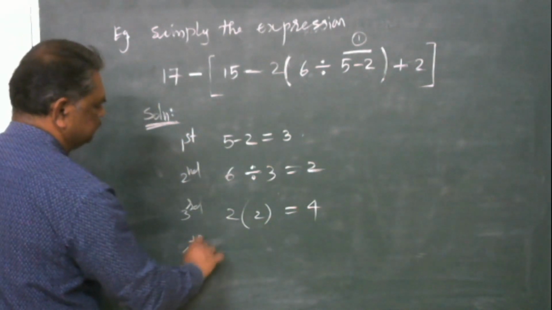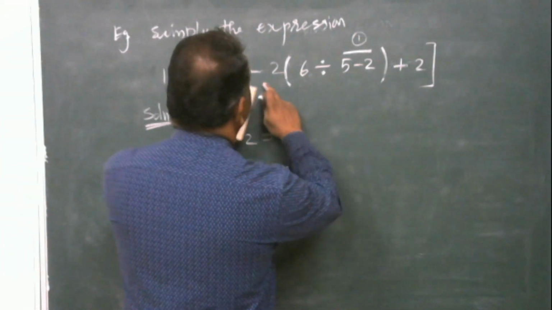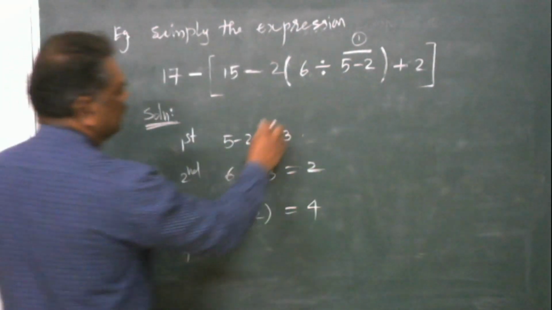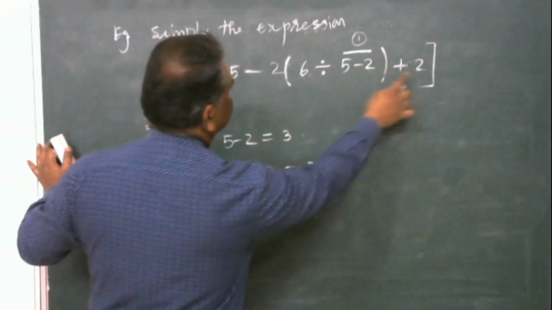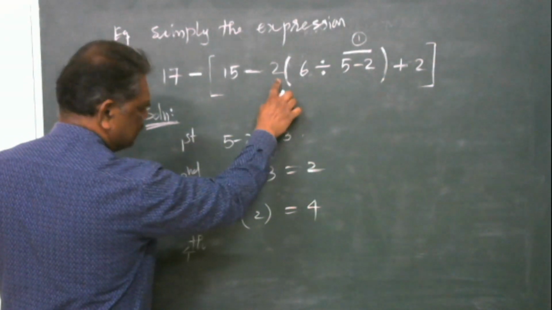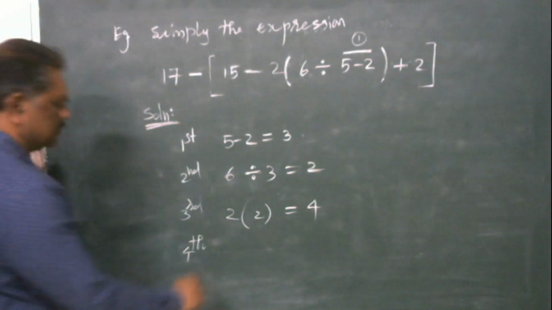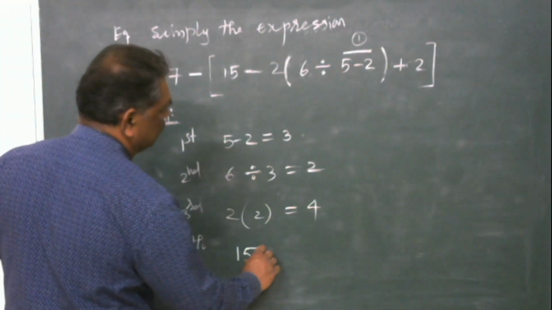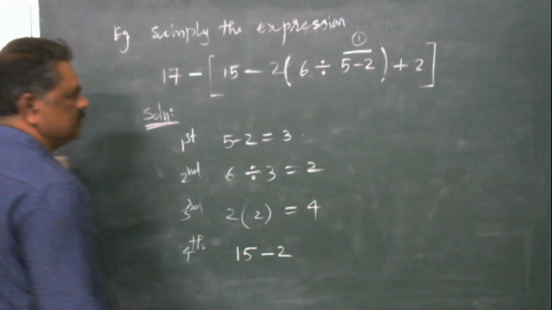Then fourth, here 15 minus this 4 plus 2 is there. So we can perform addition. So this is actually minus 4 plus 2. If you perform the addition, minus 4 plus 2 will be minus 2.